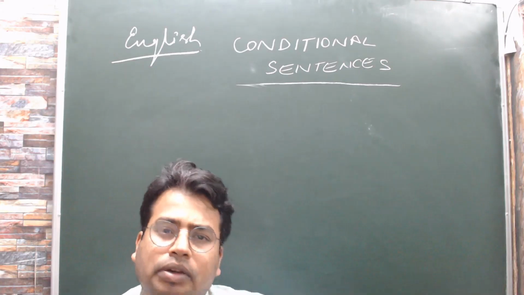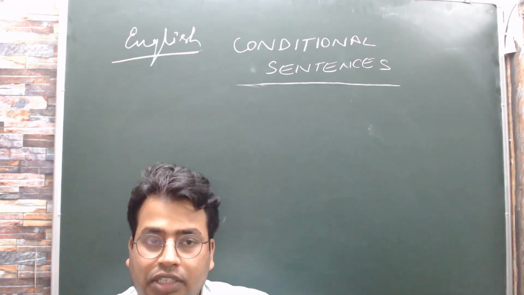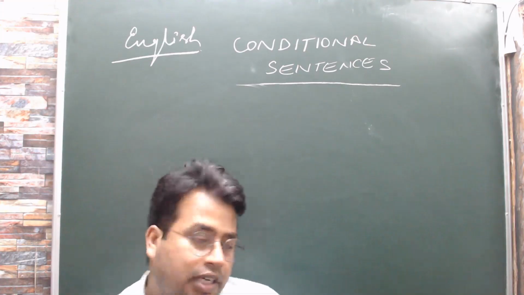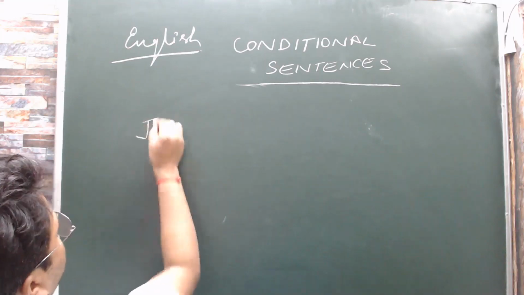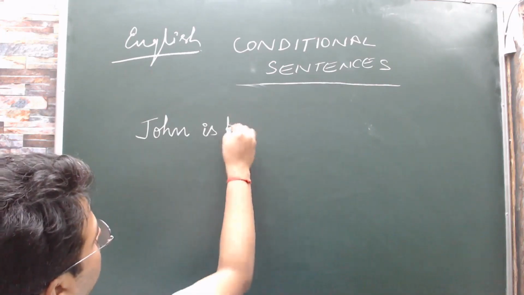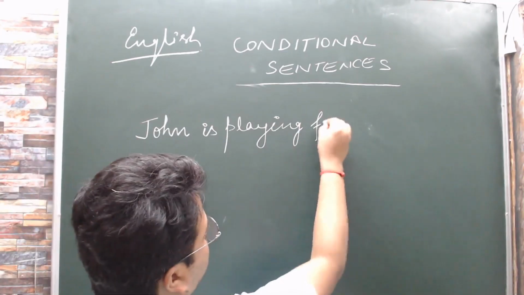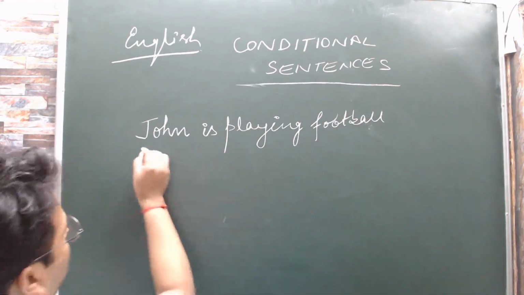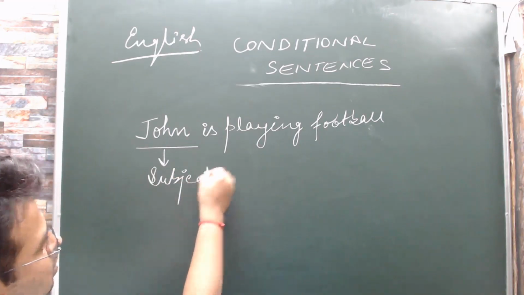But to understand the conditional sentences, you must know what is a plural subject, what is a singular subject, plural pronoun, singular pronoun, and its types. So let us start. If I write John is playing football, then here John is the subject.